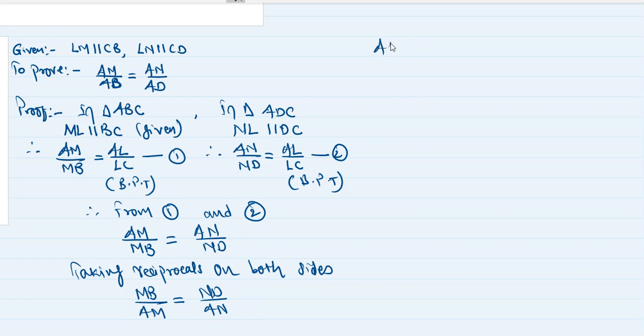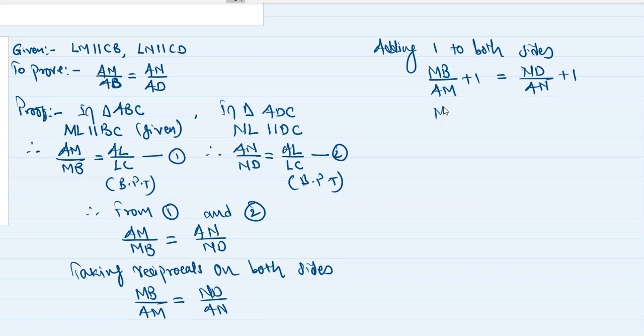Now, adding 1 to both sides, we have MB upon AM plus 1 is equal to ND upon AN plus 1. So we have MB plus AM upon AM is equal to ND plus AN upon AN.